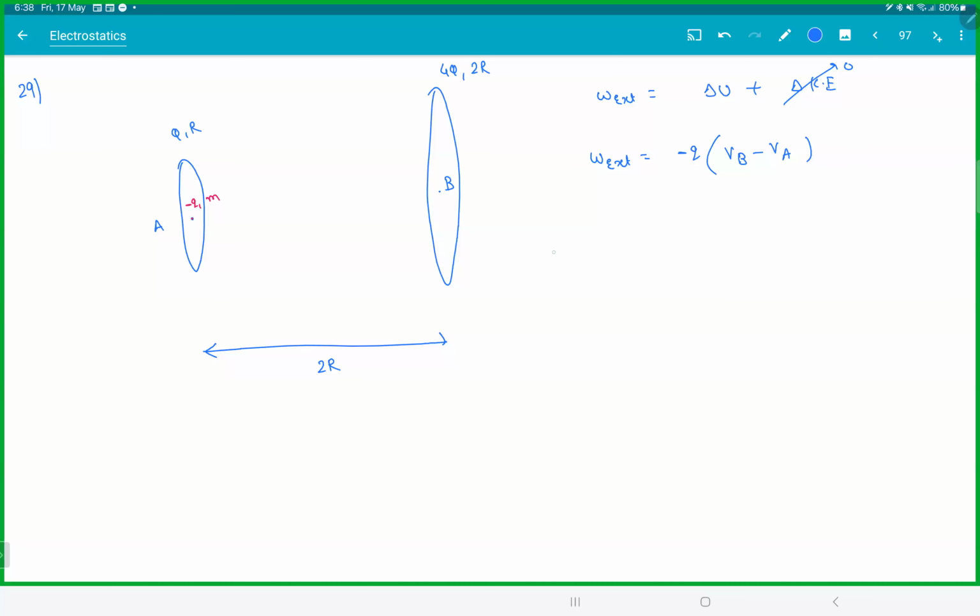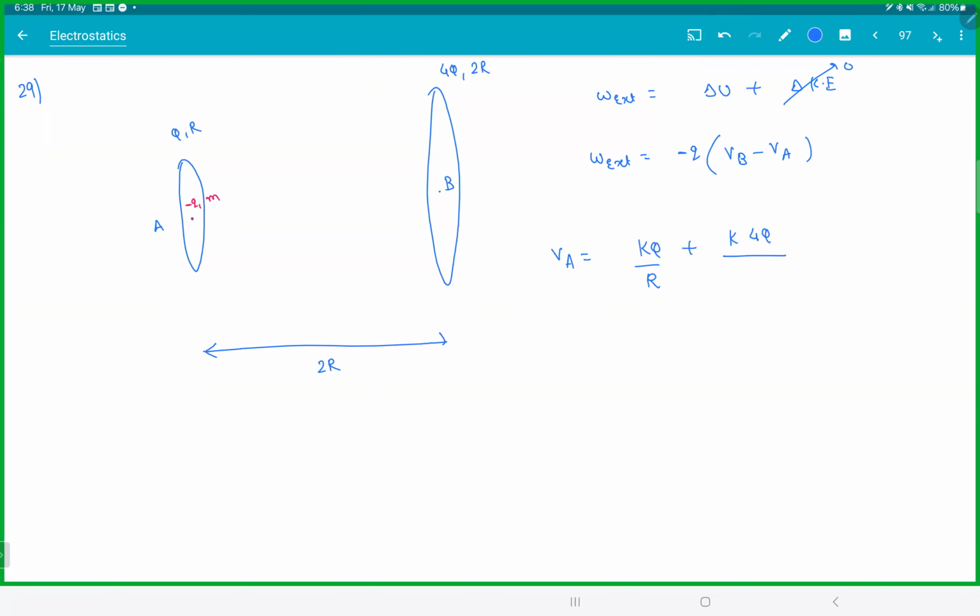Another mistake is this. Potential at A is KQ by R at the center, plus K. You're forgetting the potential at A due to the other ring, and this ring also you have to include. Isn't it? Potential at A due to everyone you should take, not only due to your own ring.